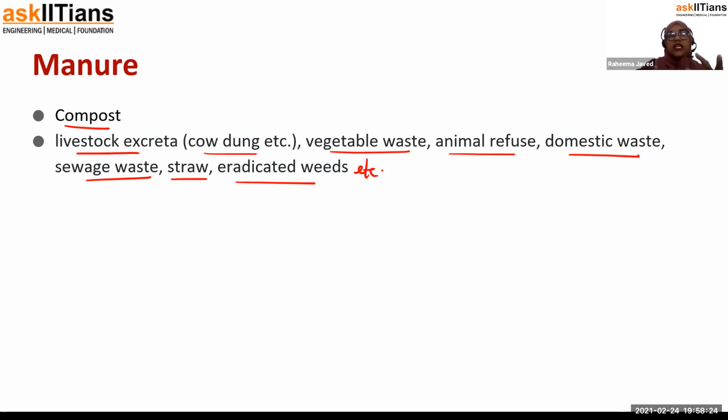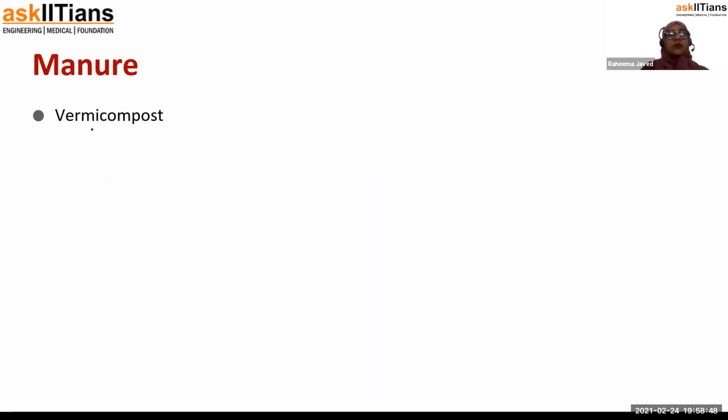We can dig a large pit, put all these things into it, and wait for some days, like 1 month or 45 days or so. We have to completely close that pit also. After 45 days or so, if we open that pit, everything will be decomposed, and what we will have is the compost.